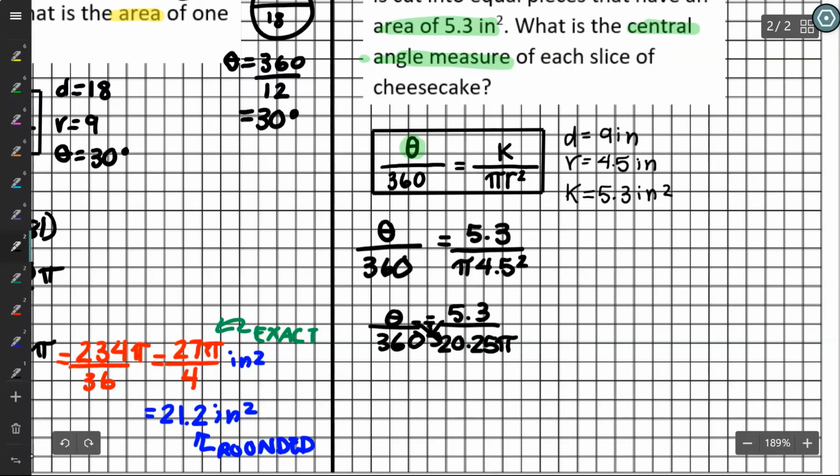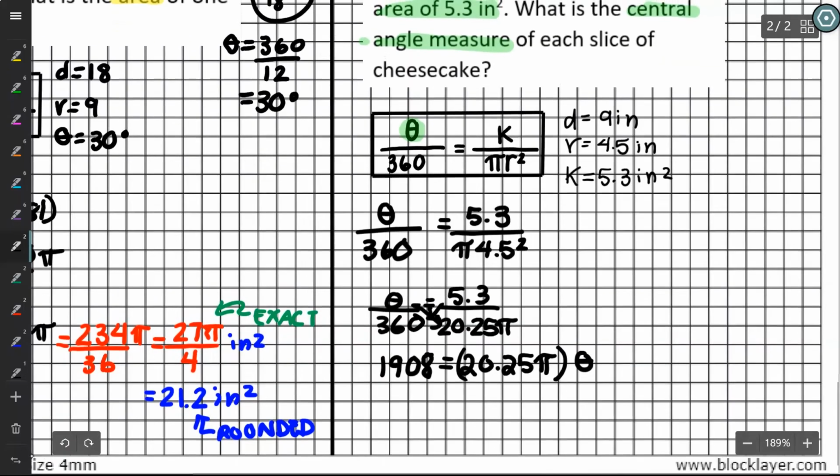So 5.3 times 360 gives me 1908, and then I have 20.25 pi, put that in parentheses, times theta. I'm going to divide by 20.25 pi on both sides.